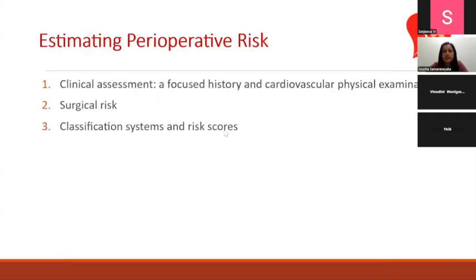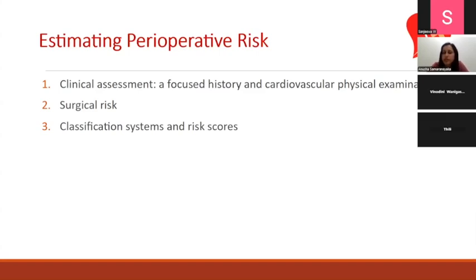And then estimating the perioperative risk. As I described earlier, the clinical assessment, functional capacity, the surgical risk assessment, and then the classification systems come. What is this perioperative risk? What is the risk we are talking about?